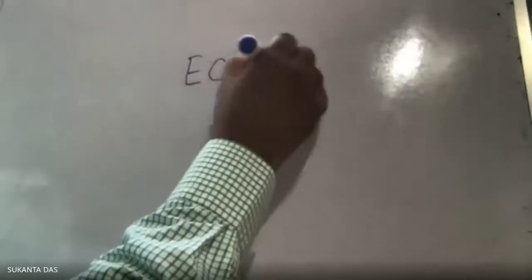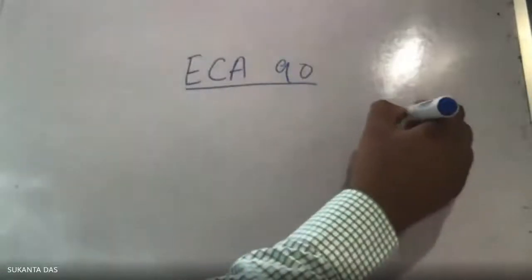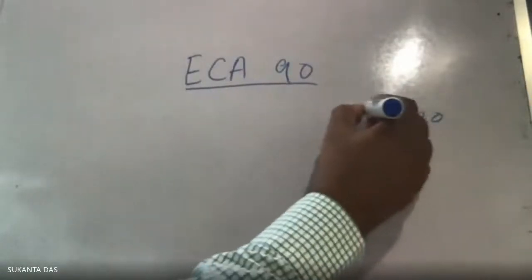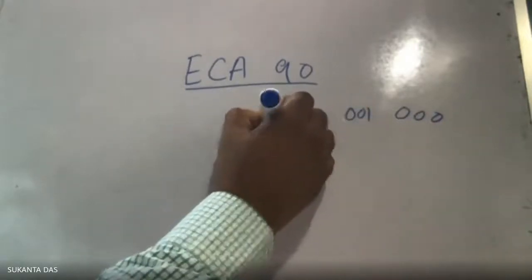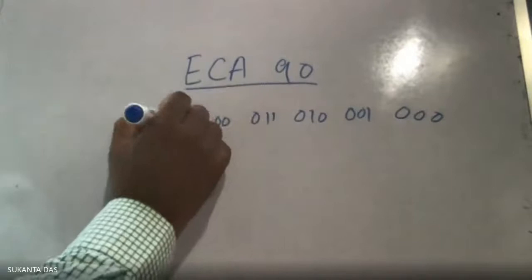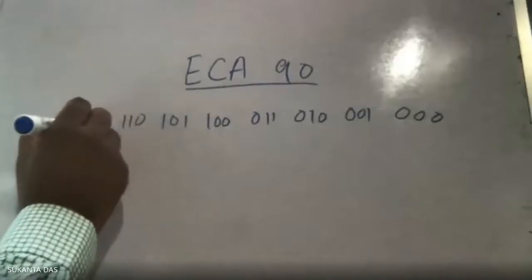Anyway, consider an ECA rule, say rule 90. What was 90? The neighborhoods are 000, 001, 010, 011, 100, 101, 110 and 111.